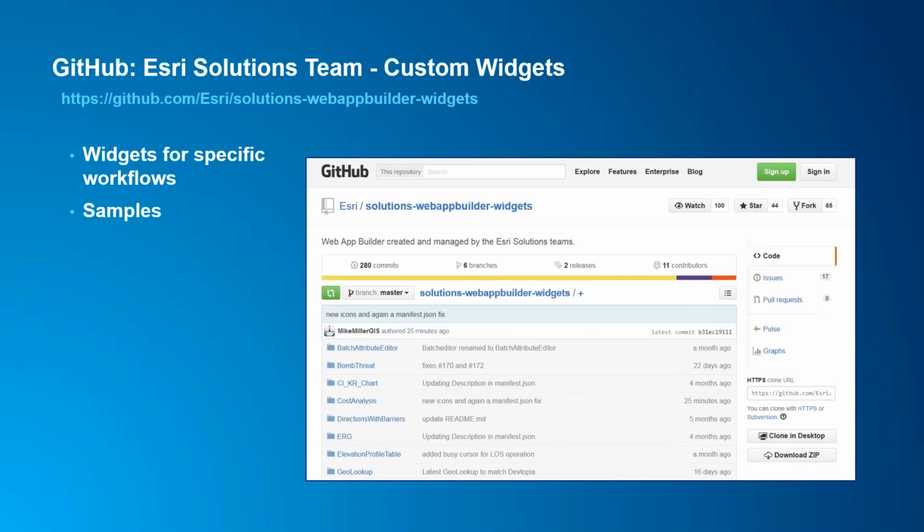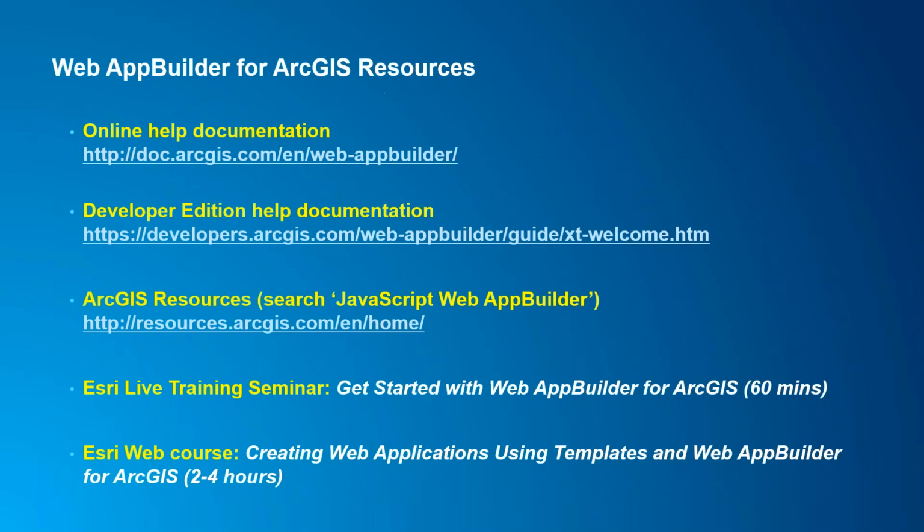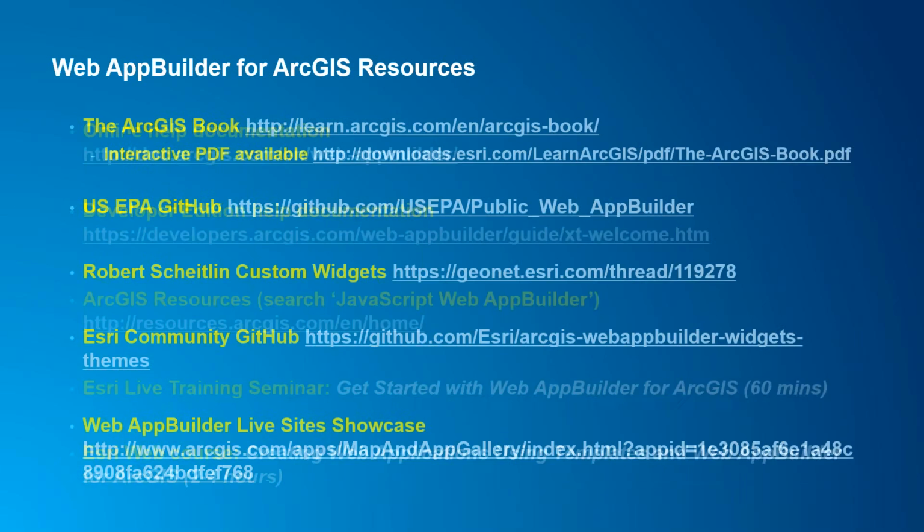There's the solutions team, and there's another team probably listed here. Yeah, we can send that information on anyway. But what we're seeing is that quite often now Esri are just releasing the widgets onto GitHub in open source, and then after a few generations, they'll pull them back into the core product. So they're using GitHub and the open source community as a good test bed for some of these widgets.